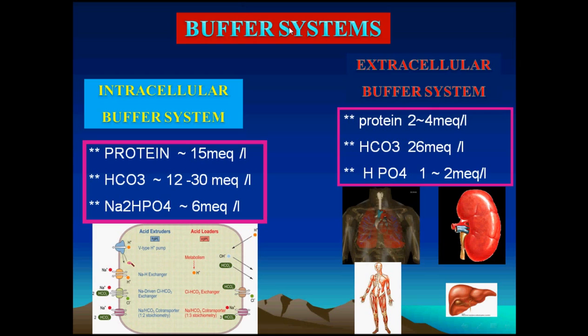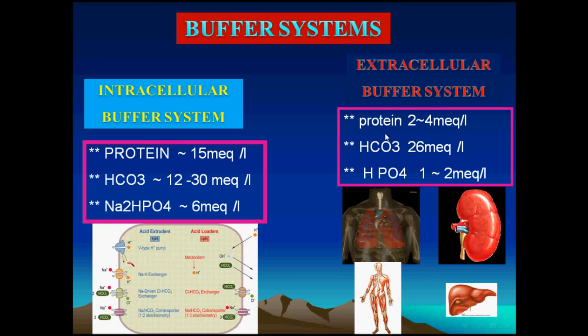The intracellular buffer system is formed of these three solutions I've mentioned: protein, bicarbonate, and phosphate. In addition to these, we have in the wall a system of channels or pumps and transport carrier proteins, which transmit the hydrogen ion or the fixed acid outside of the cell to the extracellular, and here comes the function of the extracellular.